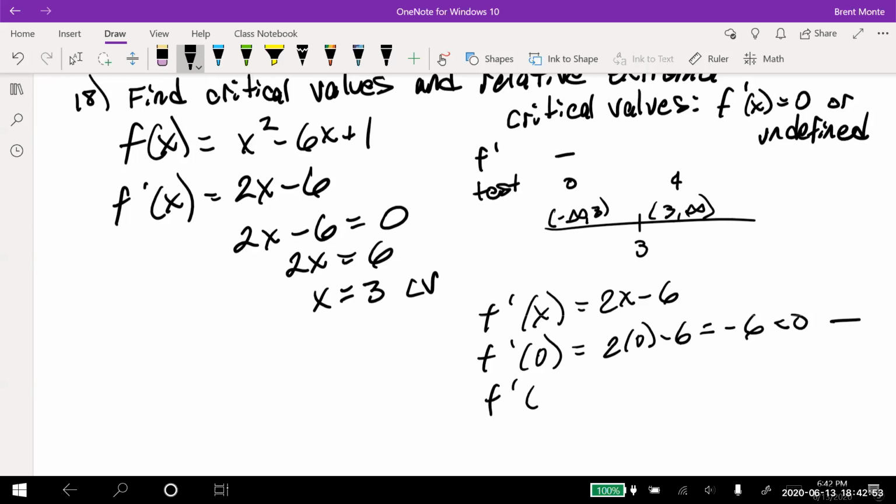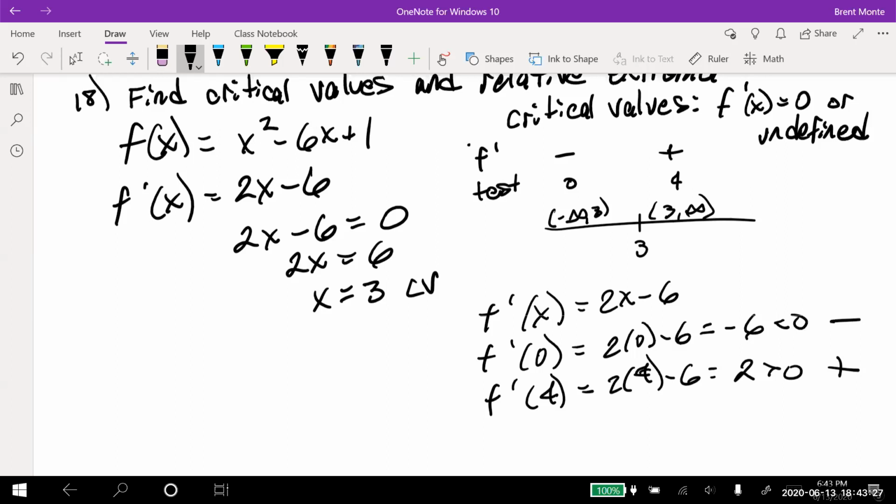But f prime of 4 is 2 times 4 minus 6, which is 8 minus 6, which is 2, which is greater than 0, or which is positive. And so if 4 is a number in that interval and it's positive, the derivative is positive in there, which means every number in that interval will have a positive derivative, because the derivative can't change signs except at critical values.